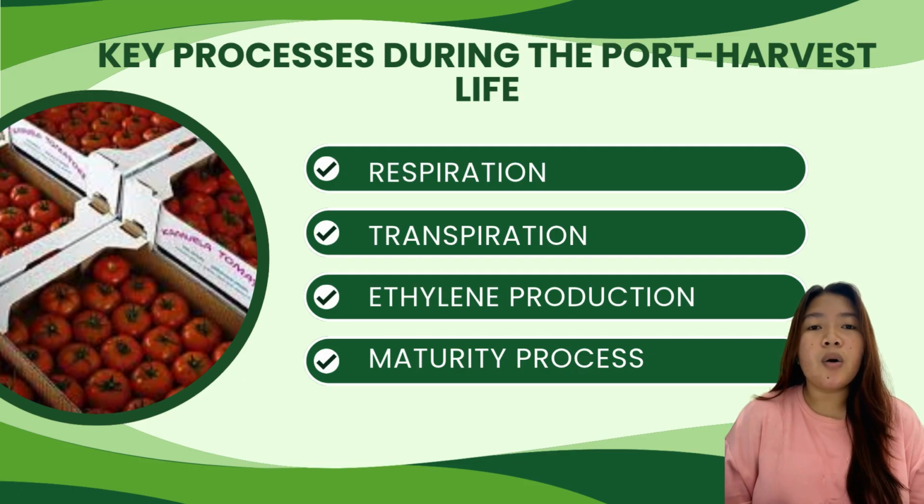Ethylene is the ripening hormone. It's like a signal that tells other fruit to ripen too. And maturity is the final journey towards aging. If we don't manage these 4 pillars, paspas kayo mahurot ang shelf life. And as a student here in CMU, understanding these biological drivers is essential for any modern agricultural strategy.